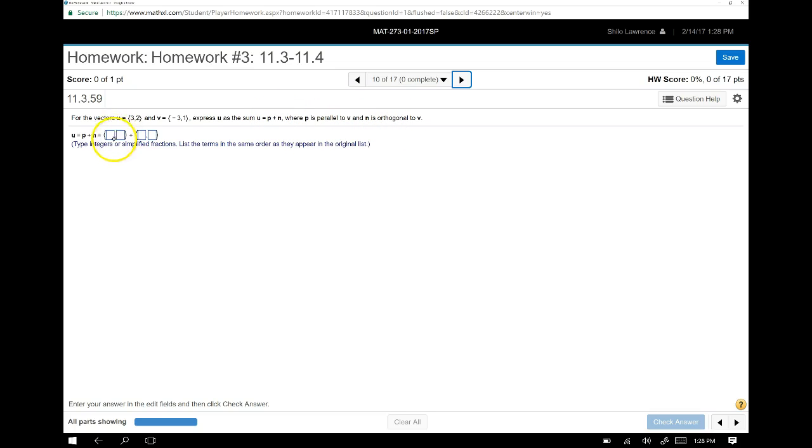So do the parallel one first, and that one is the projection. So do the projection first, and then do the other one second. You got to be very, very careful about exactly how they worded it. So do the projection first.